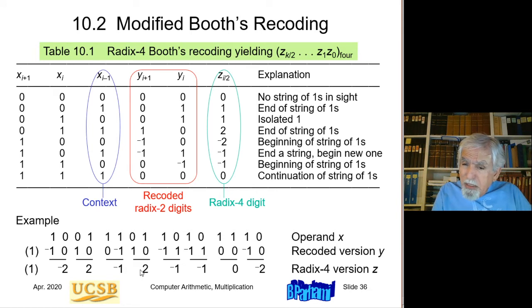If this were an unsigned number, then I had to do that. If this is an unsigned number, and the most significant digit here is negative, this is a negative number now. I took an unsigned or positive number, turned it into negative. That's why I have to add that 1 to keep the magnitude of the number intact. But if this is a 2's complement number, I can stop right here, and I automatically get the correct value. Remember that this one is negatively weighted, so replacing it by -1 is the right thing to do.